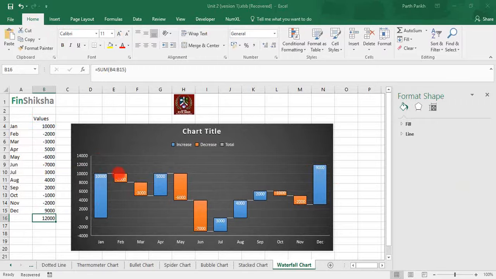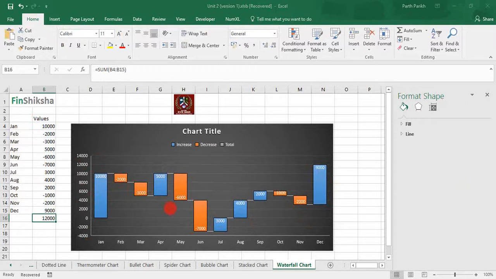Did my balance go negative, or where will I go negative? If you're doing some analysis of that sort, then this chart will become extremely useful. It gives you the final output, and it gives the month-wise movement of the data as well. Since it moves like a waterfall, one step over the other, hence the name waterfall chart.